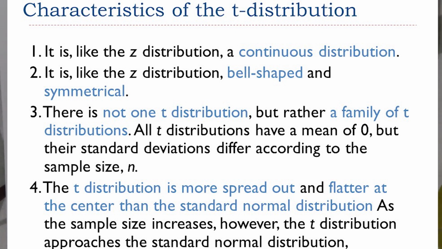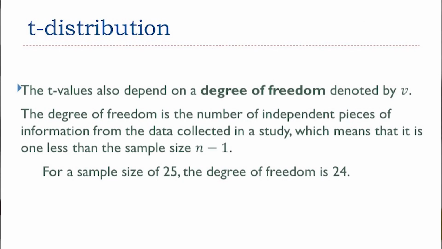The T-distribution is more spread out and flatter at the center than the standard normal distribution. As the sample size increases, however, the T-distribution approaches the standard normal distribution. In short, the T value also depends on the degree of freedom, denoted by V or DF.